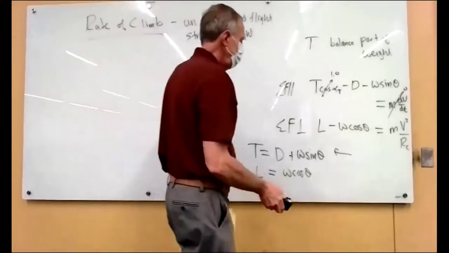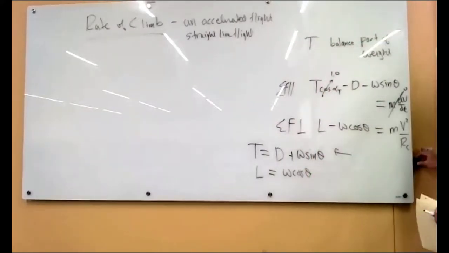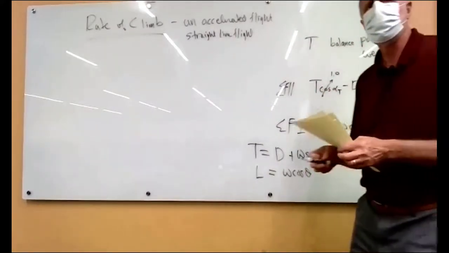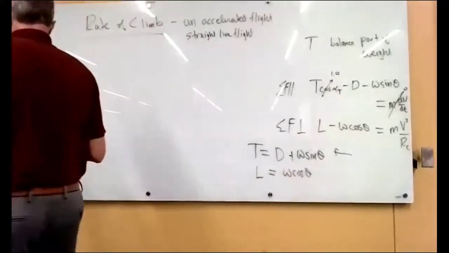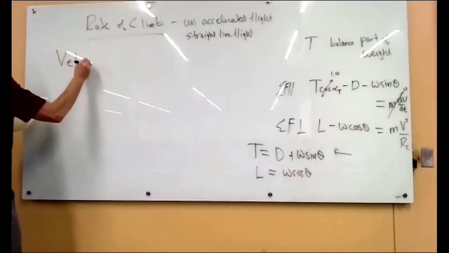So again, the big deal is that the thrust has to counteract part of the weight. And if you draw that picture carefully, you see that directly from the picture. All right, so to get the rate of climb, we need a velocity diagram.